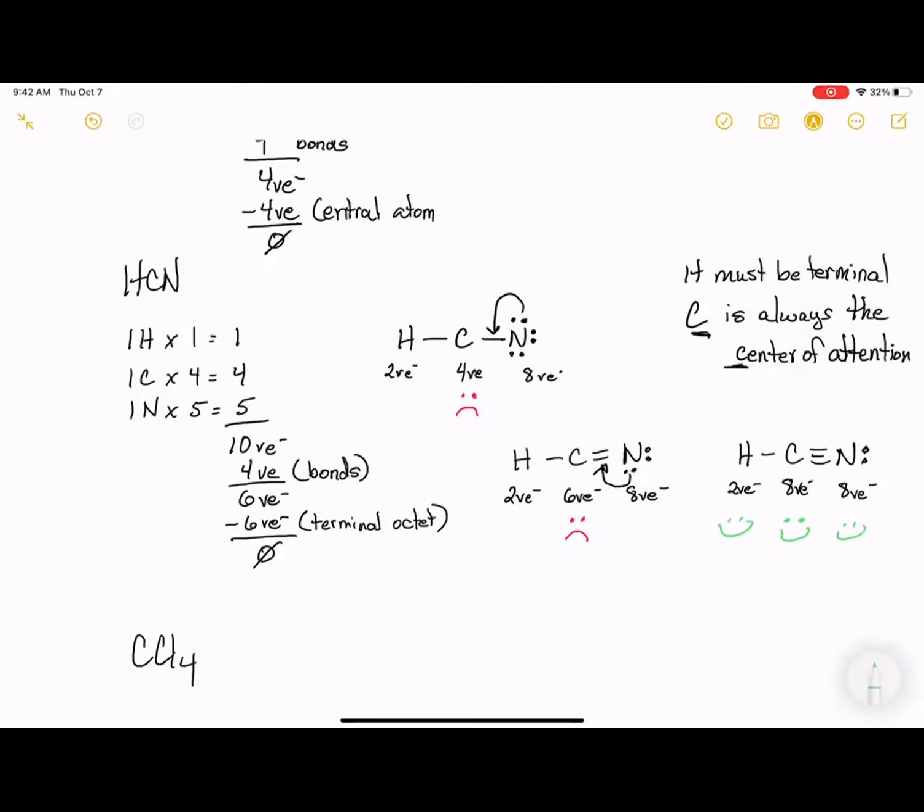The second thing I want you to note is when I hit 0 over here, you notice that I did not add any more dots or bonds unless I manipulated what was there.